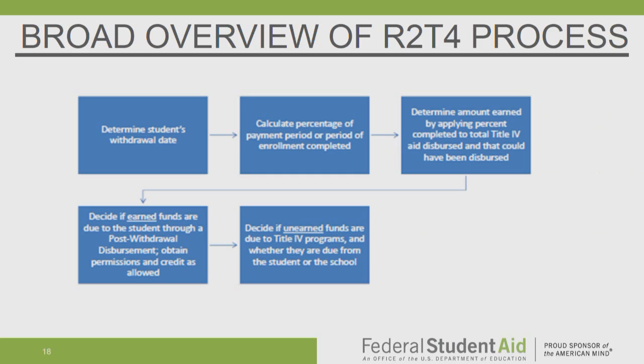With post-withdrawal, you can only disburse it if you did the notification and you got an approval from the student. Unless you receive a confirmation from the borrower, do not pull any money as a post-withdrawal.